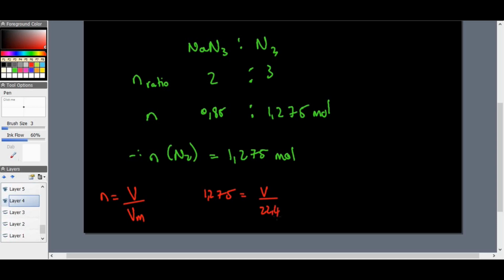We all should remember that. So obviously we're going to multiply these two together, and therefore the volume of N2 gas that was produced should equal roughly 28.56 decimeters cubed.